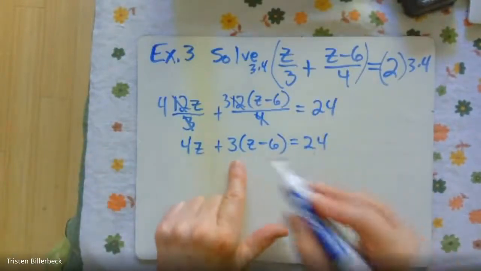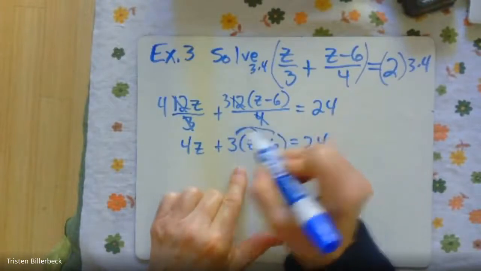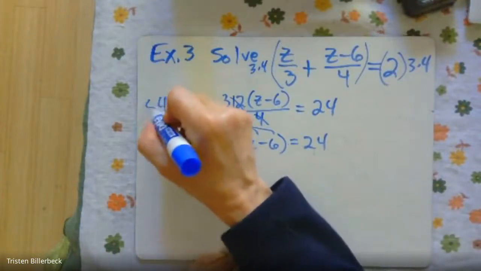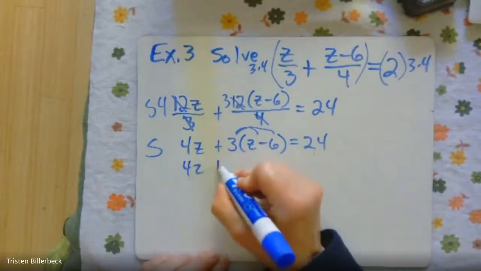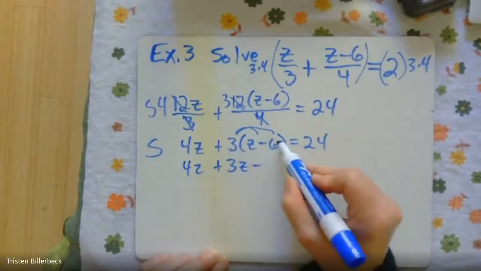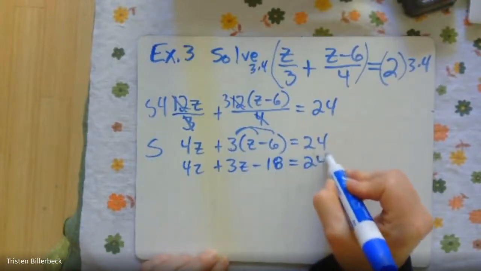All right, so we need to distribute this so we can combine some like terms. So we're simplifying for the SAM. Okay, this is also a simplify here. So we have 4z plus 3z minus, and 3 times 6 is 18 equals 24.